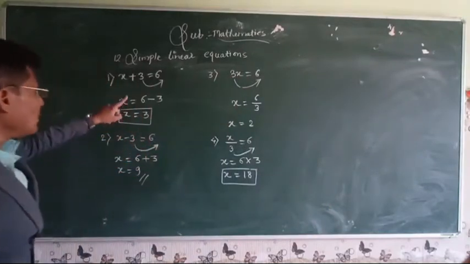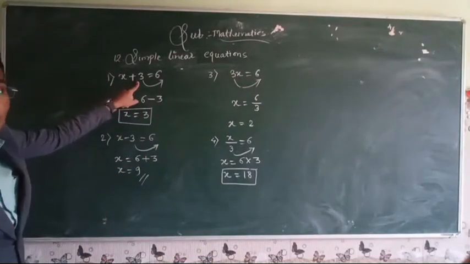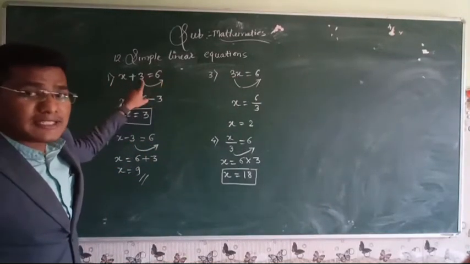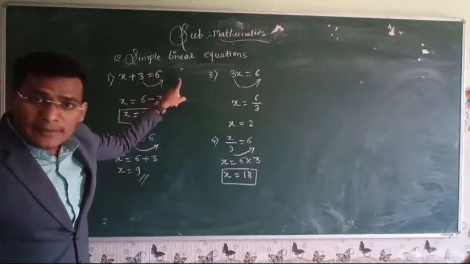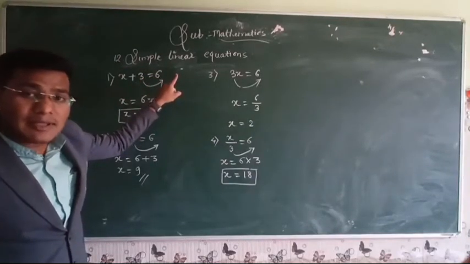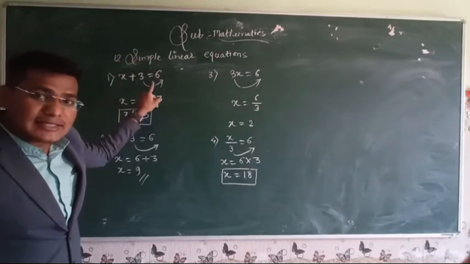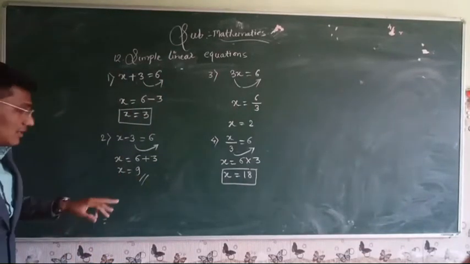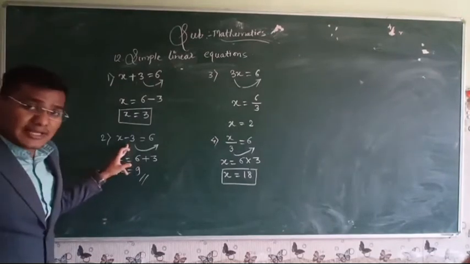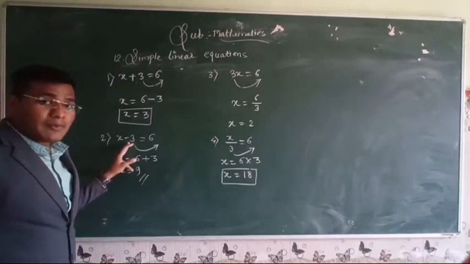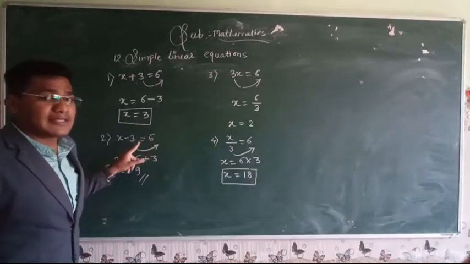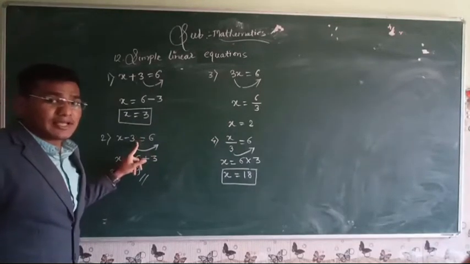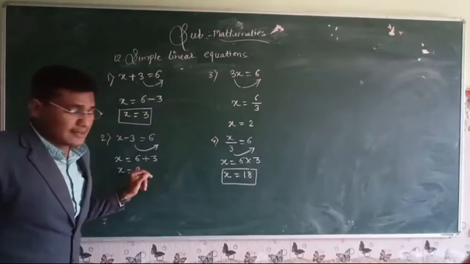The first rule is what? Any value which is transferred from LHS to RHS, if it is positive, then it turns into negative, and the same rule is used when it is transferred from RHS to LHS. Next, any value which is negative, when it is transferred from LHS to RHS or from RHS to LHS, its sign changes from negative to positive, as you can see here.